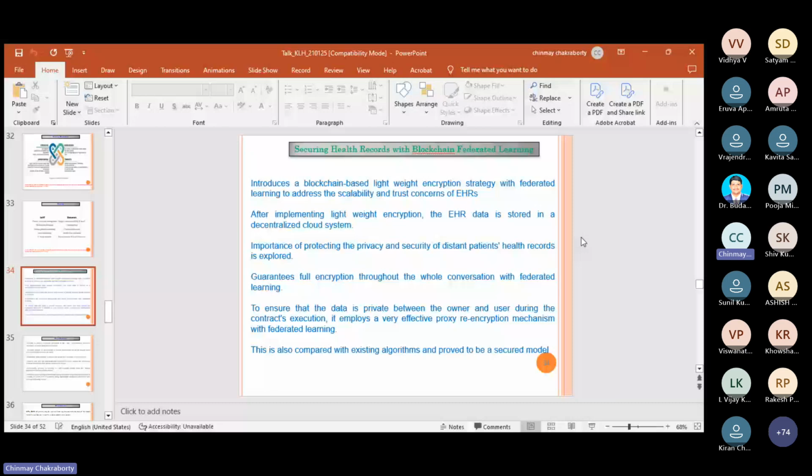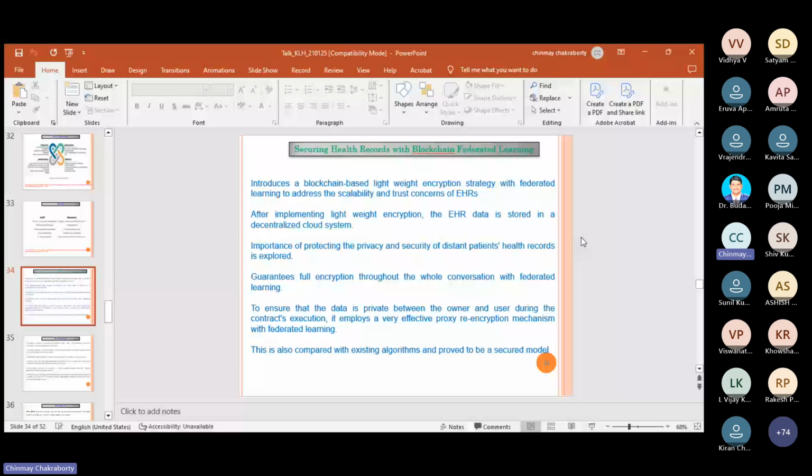After implementing the lightweight encryption, the EHR data is stored in a decentralized cloud system. That is a very good design. We did this work two years back, basically last year actually, and we got a very good response. The lightweight encryption techniques provided better results for storing the data in a decentralized mode.